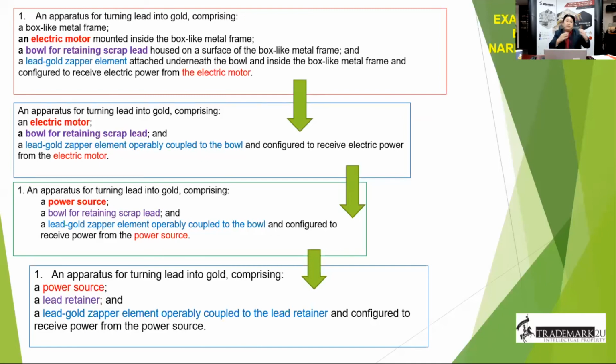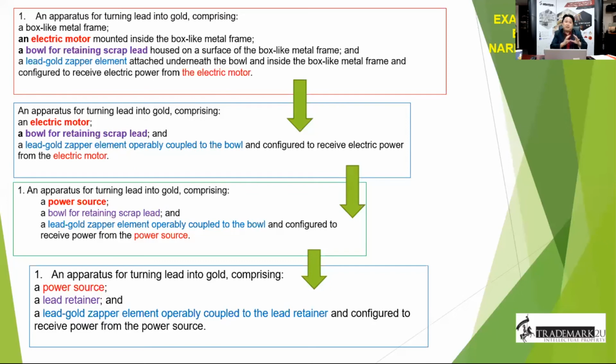You have the first step, which is on top. And subsequently, you see how I actually remove some of the non-relevant things that I think we can just remove. We don't need that. We just retain the core, the essential features of the invention. So I removed the metal box frame.